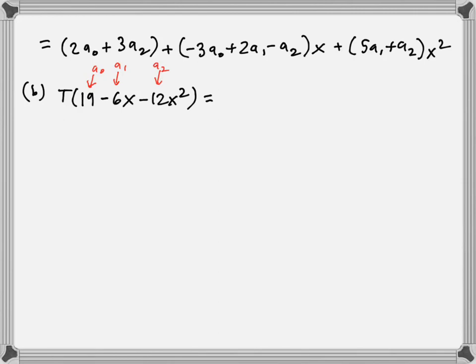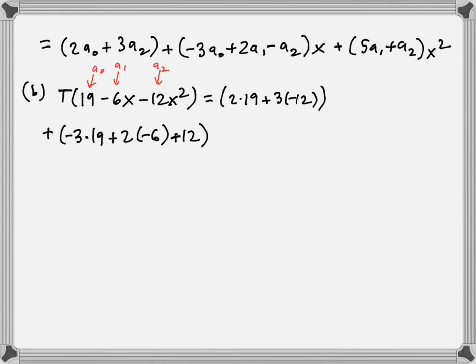We get 2 times 19 plus 3 times negative 12, plus, let me do this on the next line because it's going to take up space, negative 3 times 19 plus 2 times negative 6 plus 12, all times x. Again, I'm just using that guy.